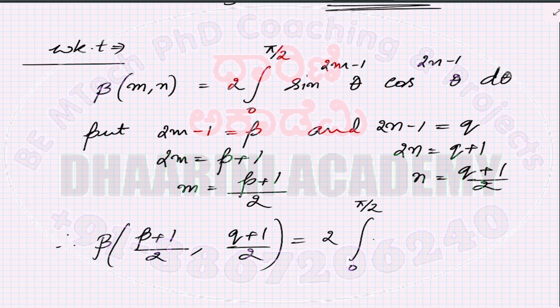Now instead of writing the equation in terms of m and n, I'm going to write in terms of p and q, because 2m minus 1 is p as per my assumption. So this is sine to the power p theta into cos to the power q theta d theta.